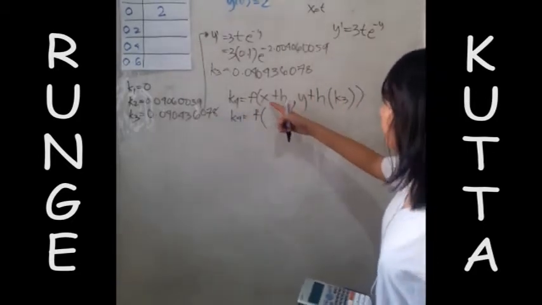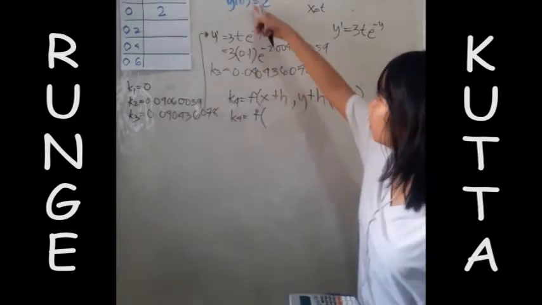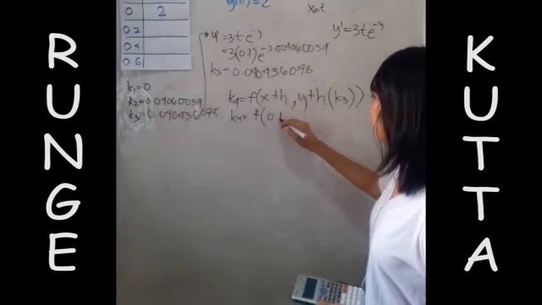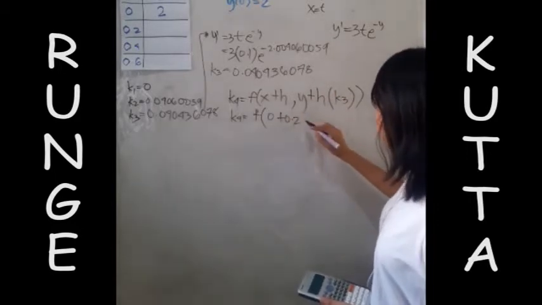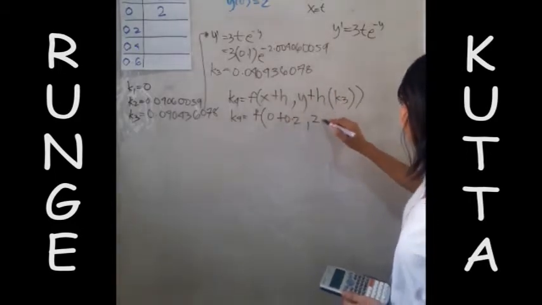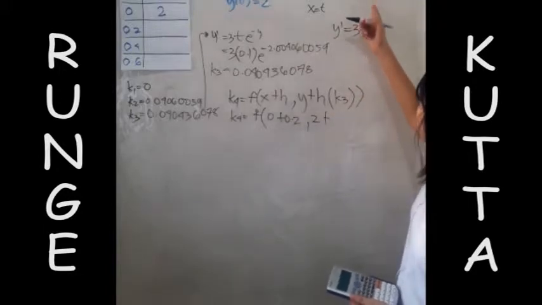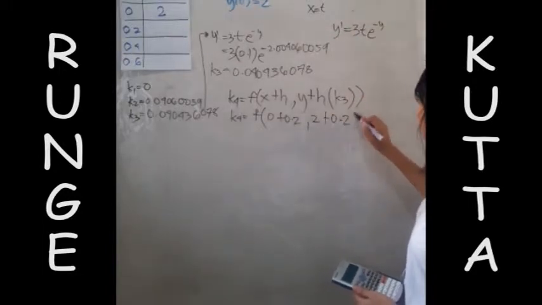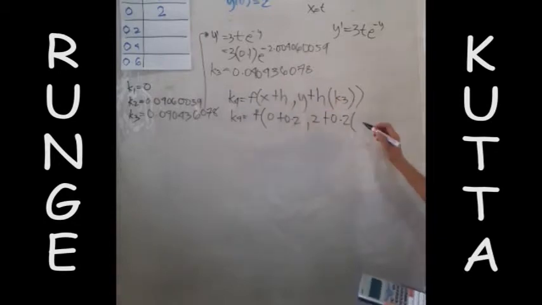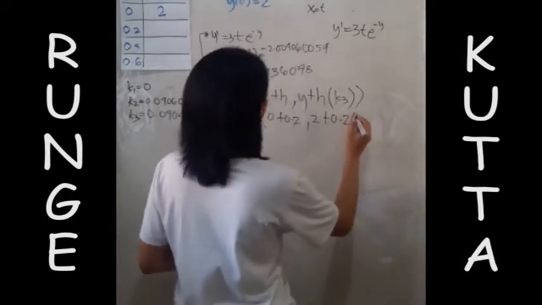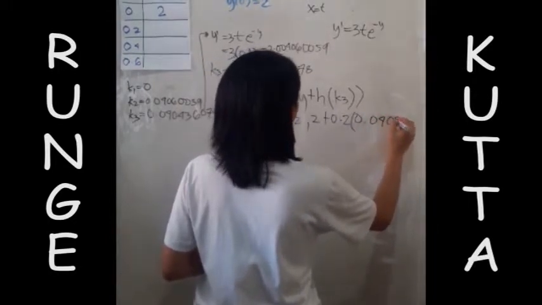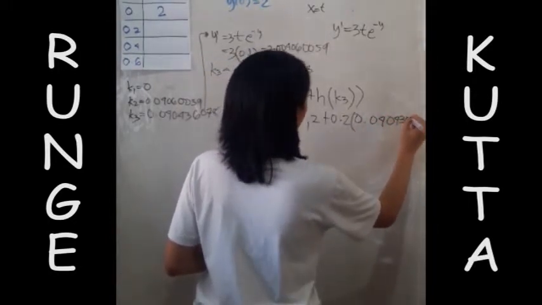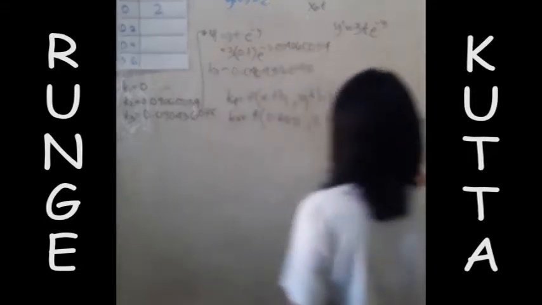Function of our x, or t, is 0 plus our h, which is 0.2, and our y is 2 plus h, 0.2, and our K3 is 0.040436078.